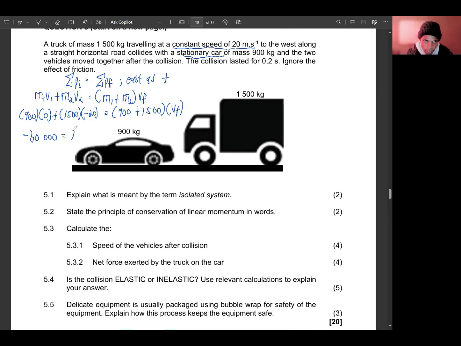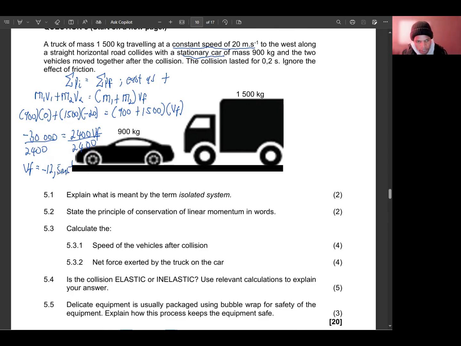That's going to give us 2,400 and then final velocity. Then divide both sides by 2,400. Then our final velocity will be what? Let's check. Negative 30,000 divided by 2,400. So that's going to give us negative 12.5 meters per second.